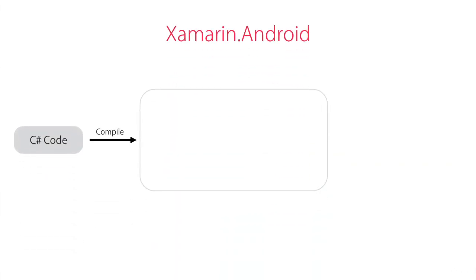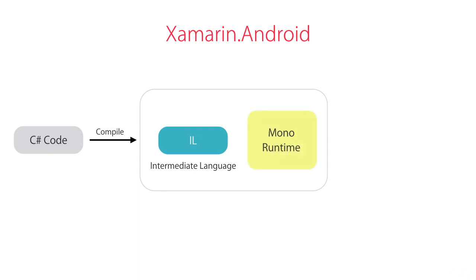When you build an application with Xamarin.Android, Xamarin C# compiler compiles down your C# code to intermediate language or IL. It also embeds the Mono runtime with your application. This Mono runtime is similar to CLR that you should probably be familiar with.